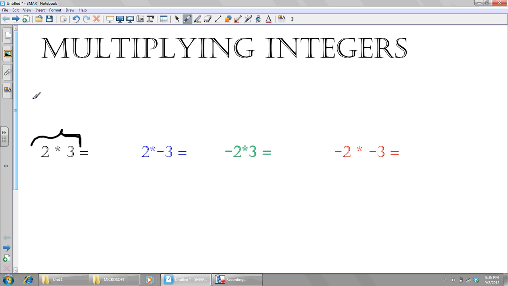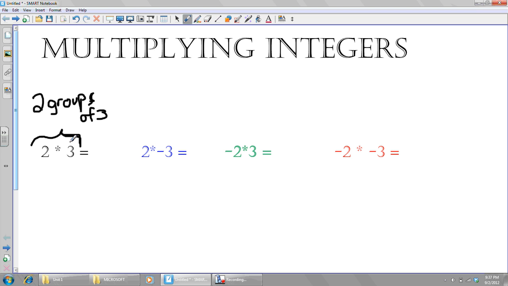But this means 2 groups of 3. That's what it means, 2 groups of 3. Now, I know you all know that 2 times 3 is 6.